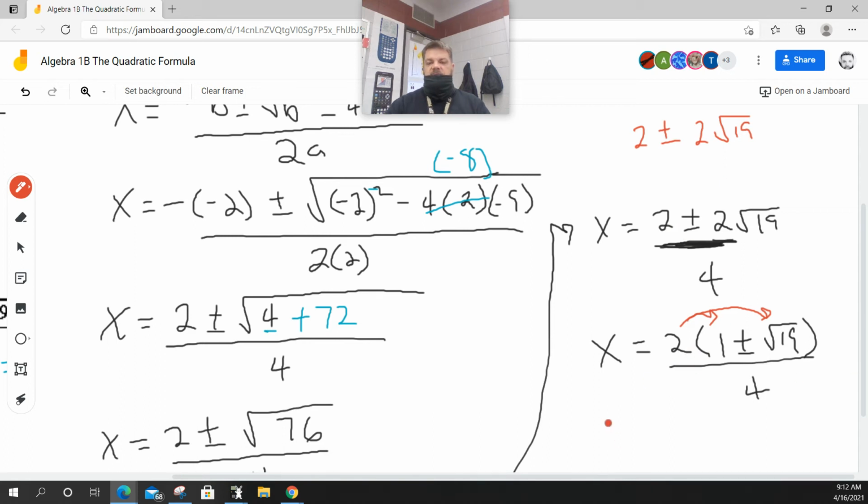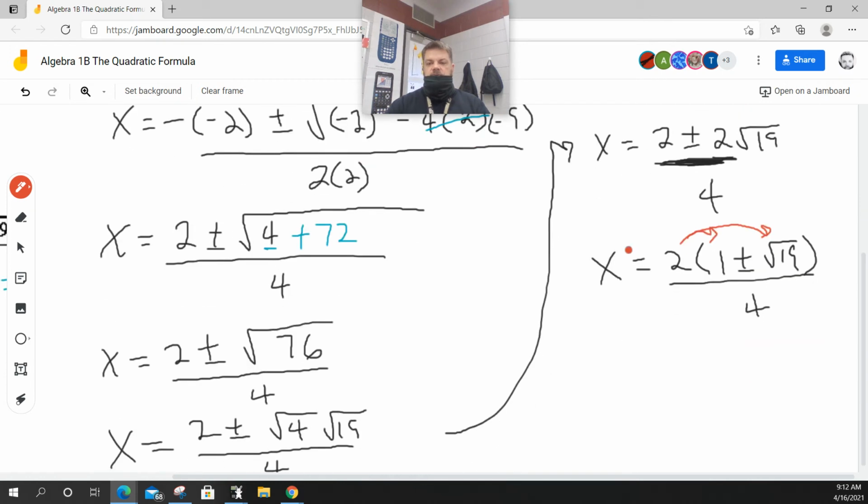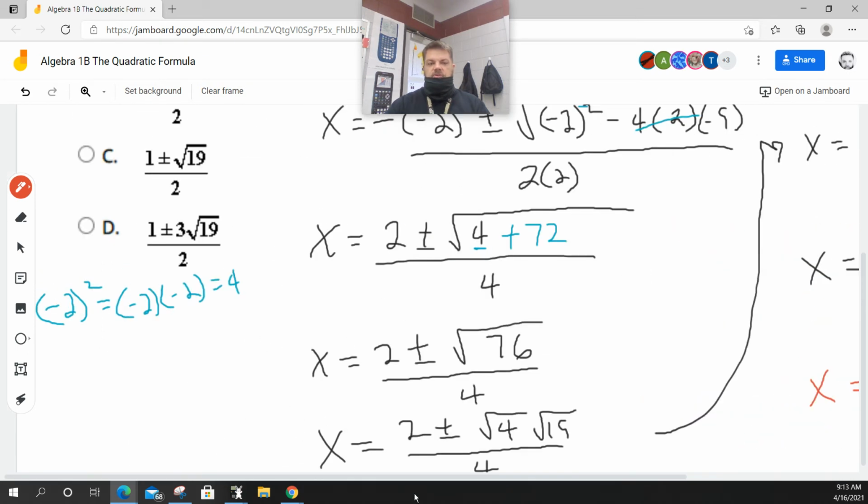Now what does 2 over 4 reduce down to? If I divide this by 2, I get 1. If I divide this by 2, I get 2. So my final answer is 1 plus or minus the square root of 19 all over 2. Do I have one of those choices over here? C, isn't it?